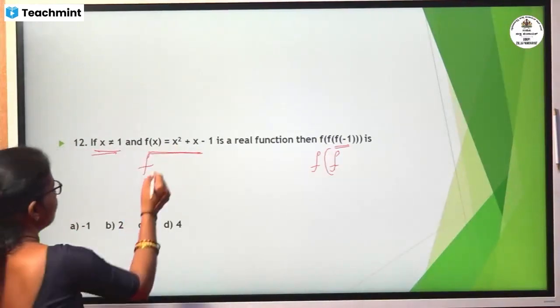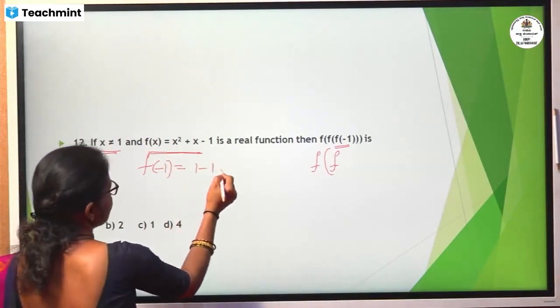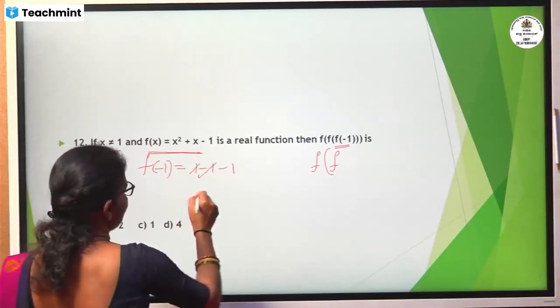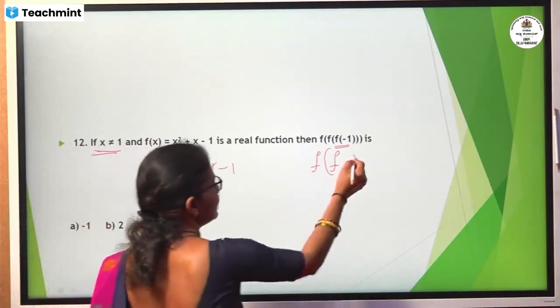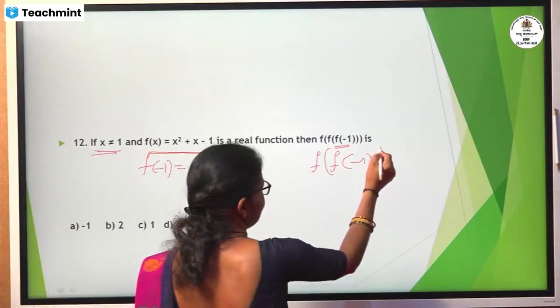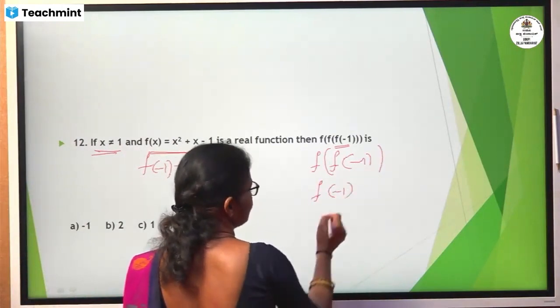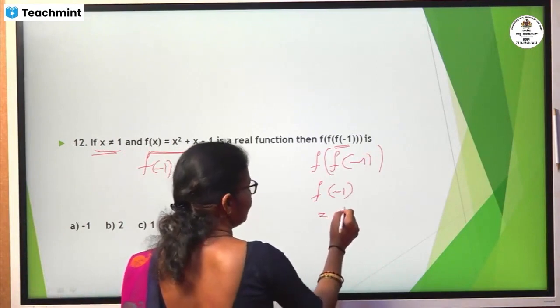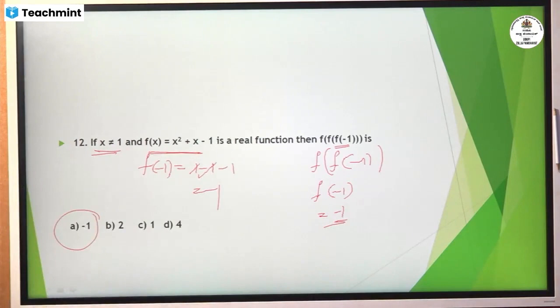So f of minus 1 is 1, this is minus 1, this is minus 1. These two get cancelled. So what is remaining? Minus 1. Substitute here, again we'll get f of minus 1 only. Again substitute, we'll get f of minus 1 only. So if you simplify, we'll get minus 1 as the answer. If you check with the options, it is the first option, that is minus 1.